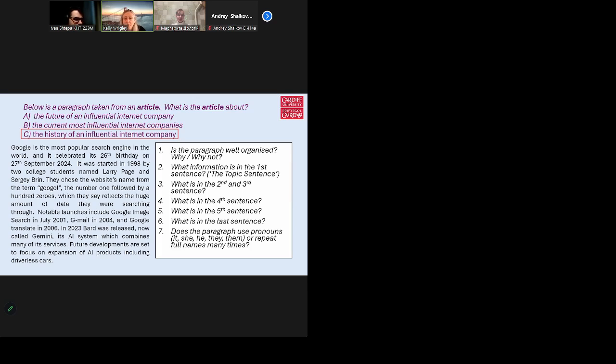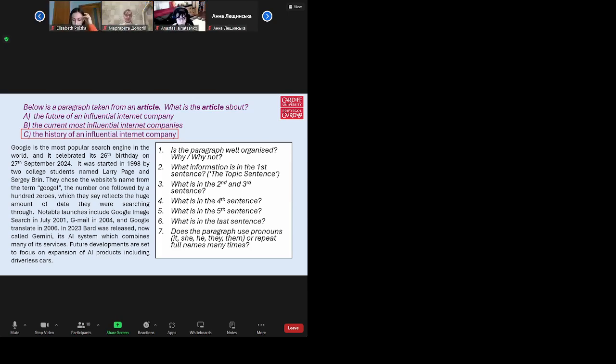What about the fifth sentence? Are we up to the fifth one? Yes. In the fifth sentence, it describes an AI system, a bot called Bot.